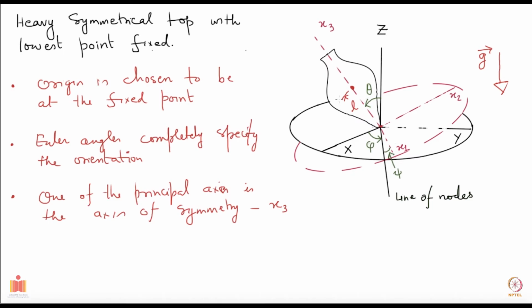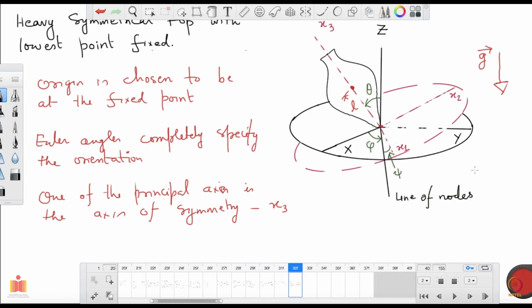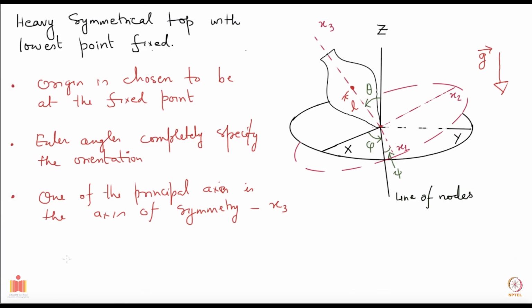Now one thing is that the origin is not at the center of mass, so my inertia tensor would be different from the inertia tensor which we denoted by I. It will be I prime, and I would like to know what I prime is. So let me do that first.